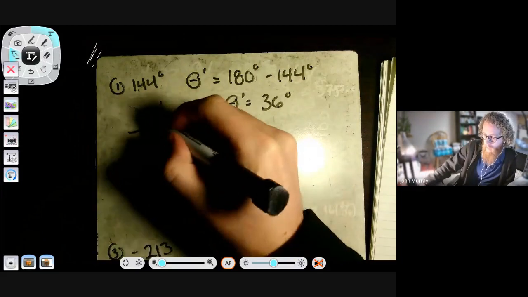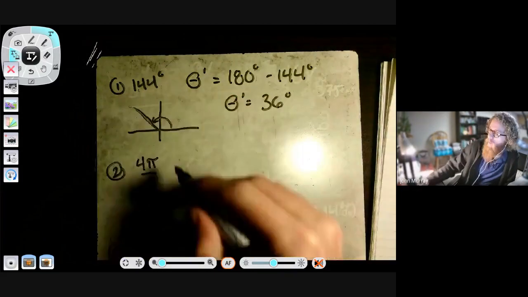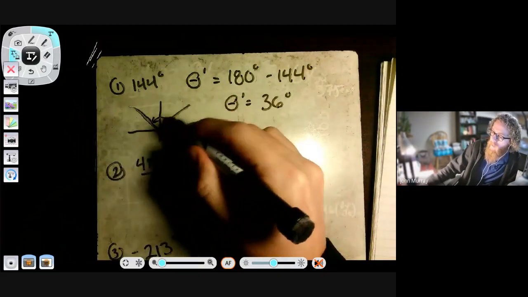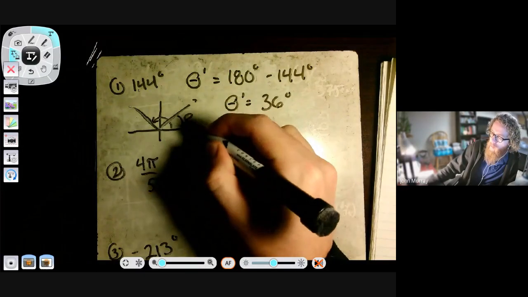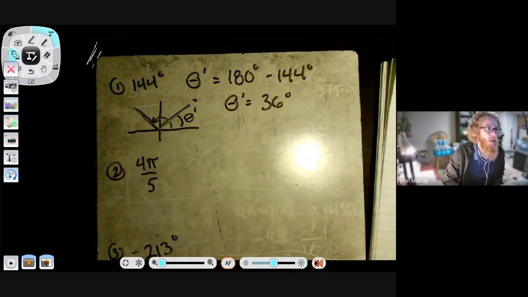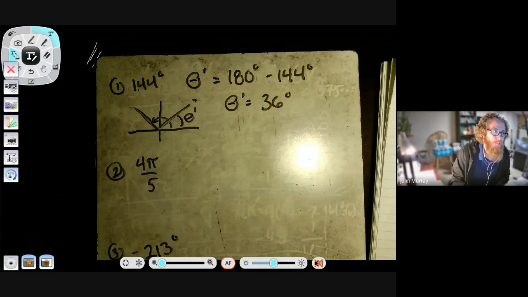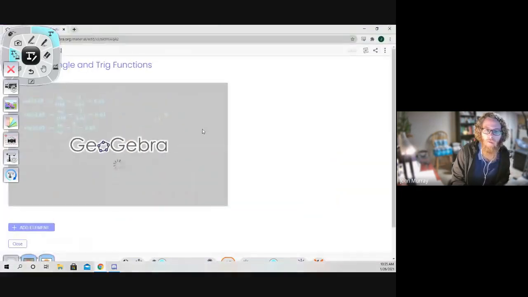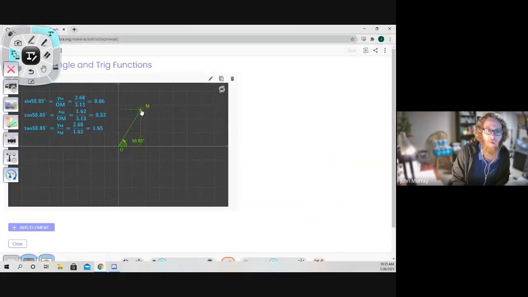So if I found the sine, cosine, or tangent of this angle, it would be the same as finding the sine, cosine, tangent of my reference angle. All right, and we saw yesterday, and I put up on the Google Classroom, the GeoGebra website, where you could have found that out, right?